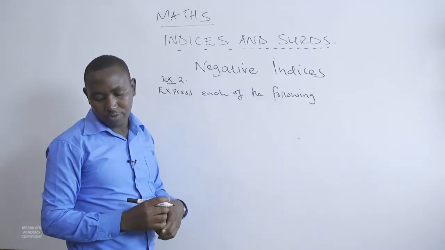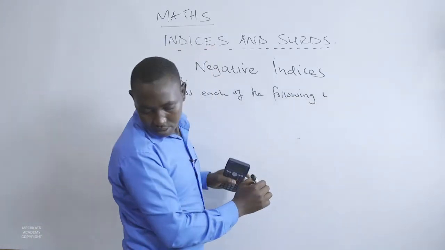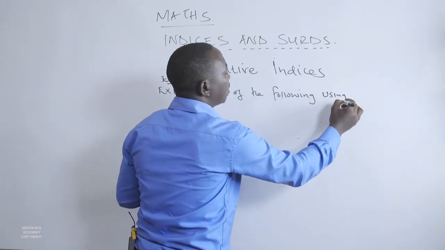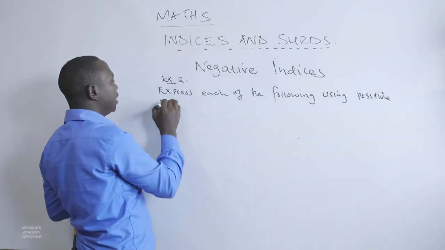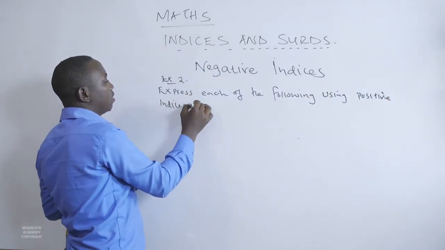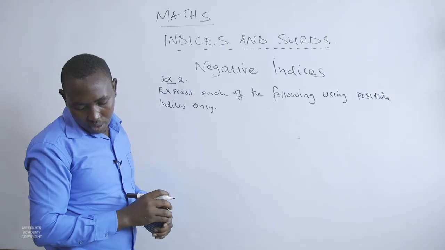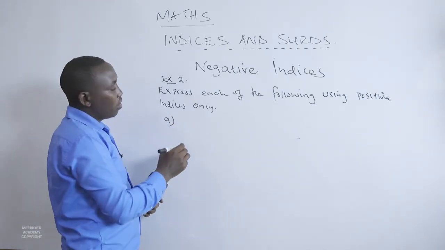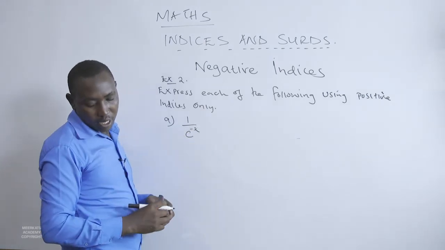Express each of the following using positive indices only. Number 1, we have 1 over c raised to negative 2.